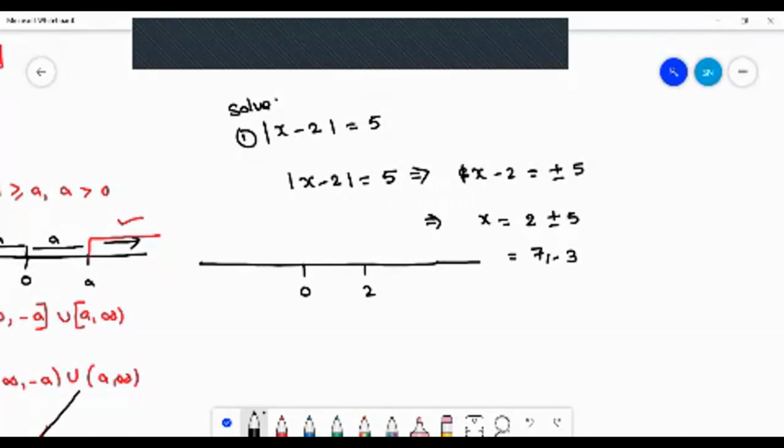The point which is 5 units away from 2 is 7. There exists another point lying on the left side of 2, which is 3 units away from 0. That is minus 3. So this is 5 units and this is 5 units. That way you can observe it.